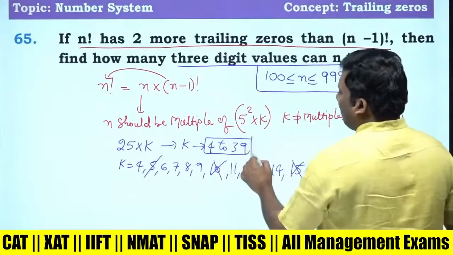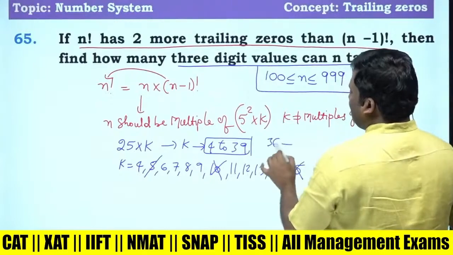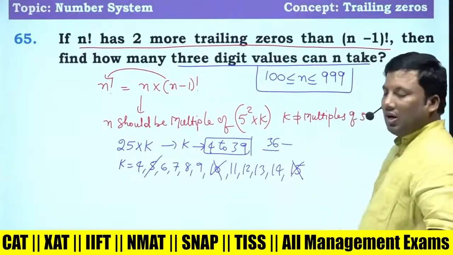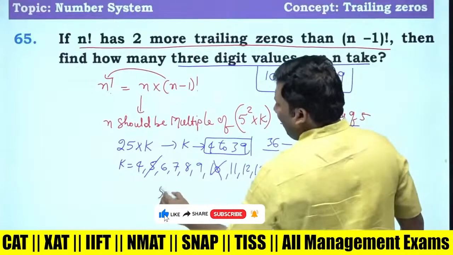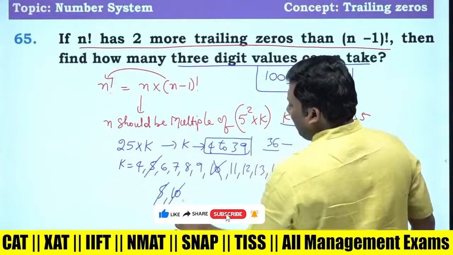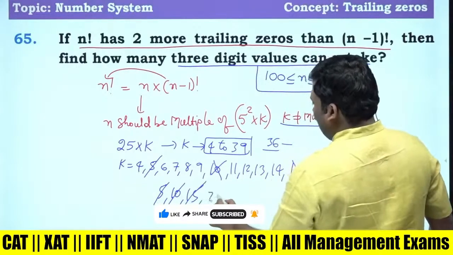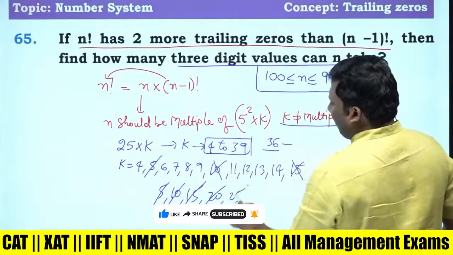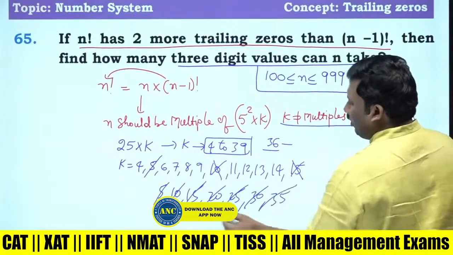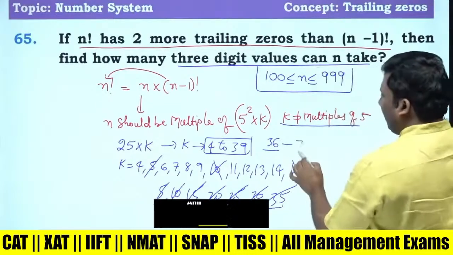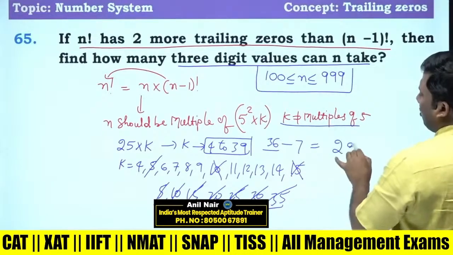So k will take 36 values. In that, which all should we omit? K should not be a multiple of 5. 5 we should omit, 10 we should omit, 15, 20, 25, 30, 35 we should omit. That is 7 values. 36 minus 7, 29.